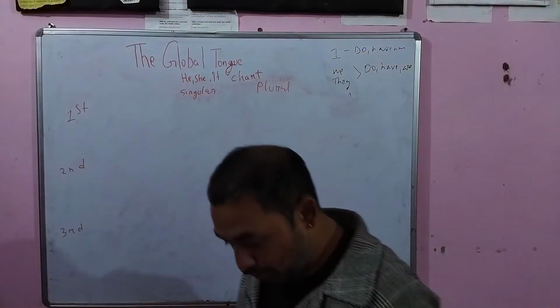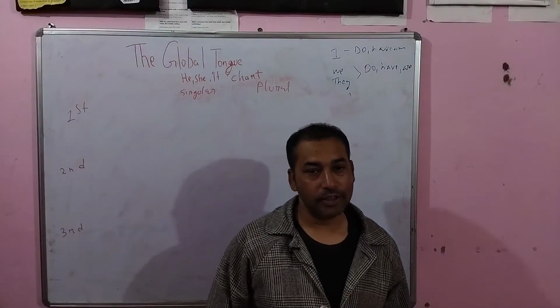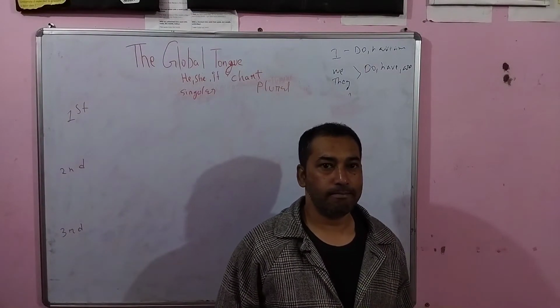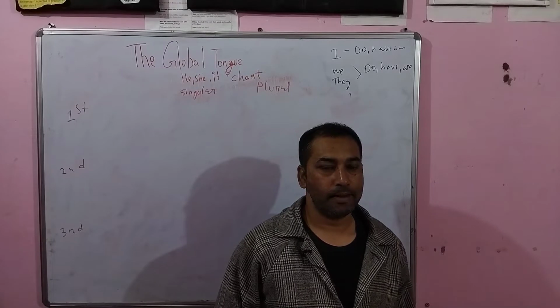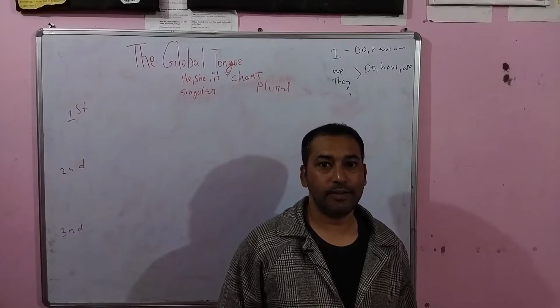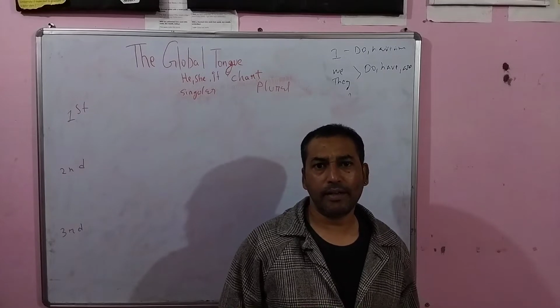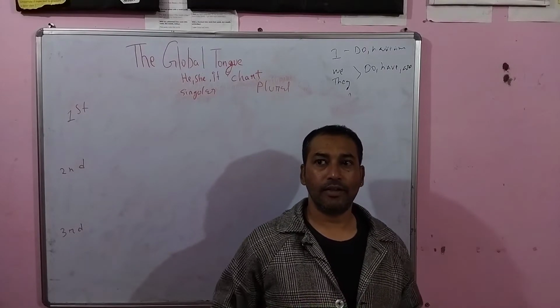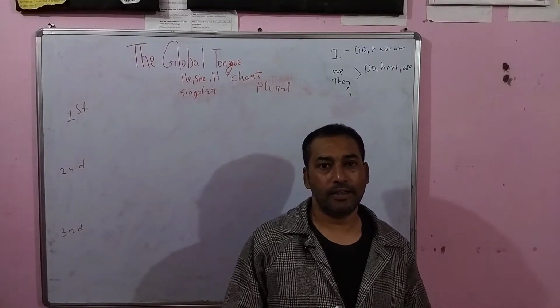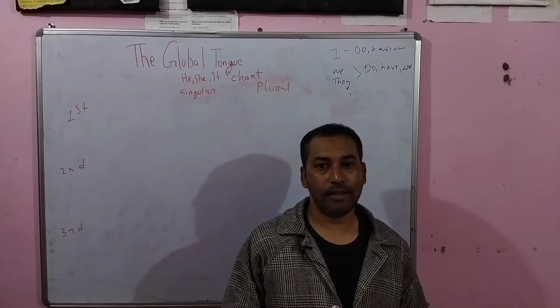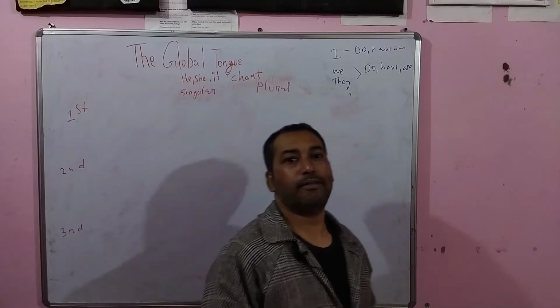Do you know how many friends we have in English? What if I told you that we have almost 11 friends, or 7 main friends? Would you believe me? Let me make you believe.